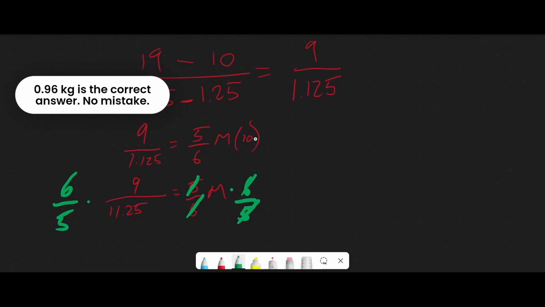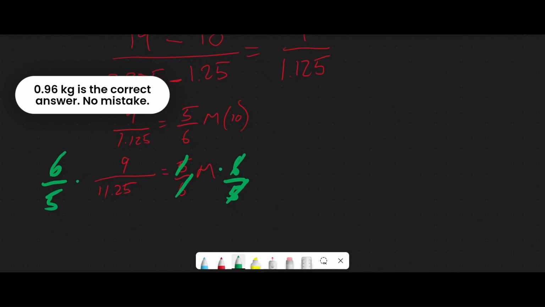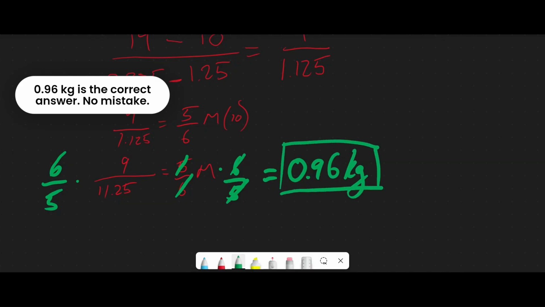I divide by 10. That looks good. Okay. So my final answer is 0.96 kilograms, which is the mass of my meter stick.